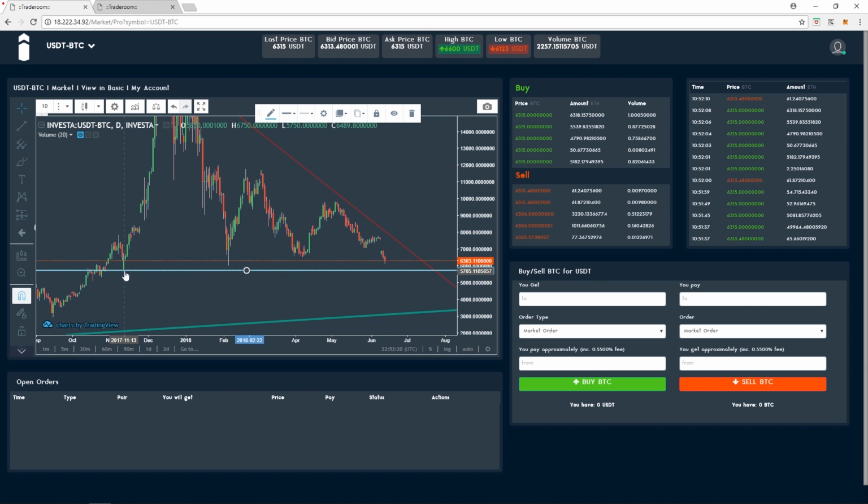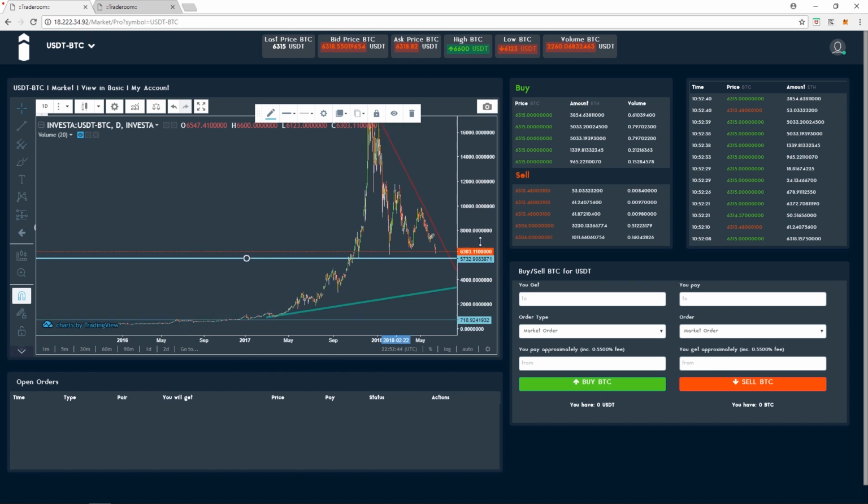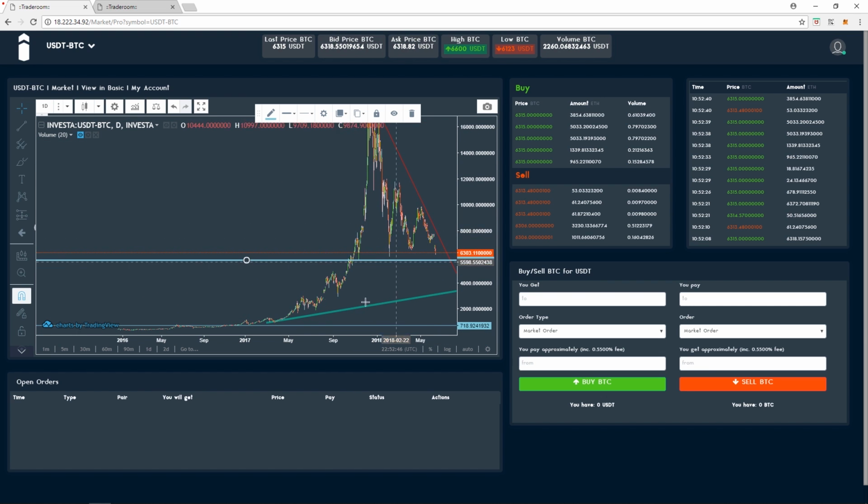Because it has held here, it held here, and every time it comes close to the support, it bounces back. Right now it's here, so you are inclined to think that it might bounce back. This is no guarantee whatsoever that that might happen. It is just something that you can deduce by simply looking at the chart and seeing where you have points of coincidence.